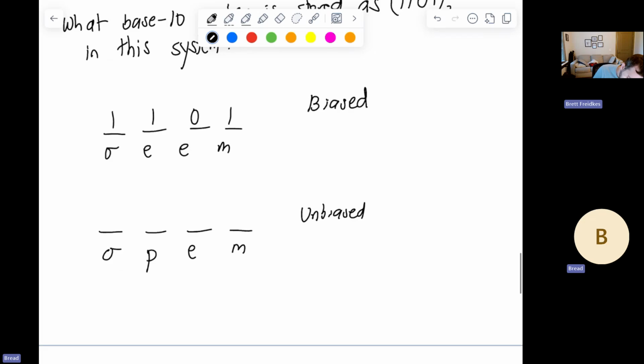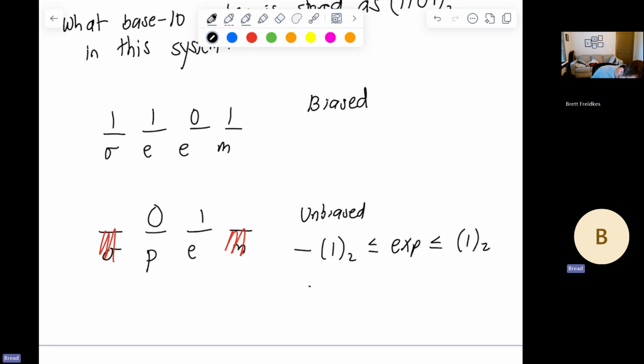So let's look at our range of exponents here. And again, I don't really care about the sigma or the m in this situation. I'm just looking at the p and the e. The lowest exponent I can have would be -1 in binary. And the highest exponent I can have is +1 in binary, which is exactly the same as -1 in base 10 and +1 in base 10.